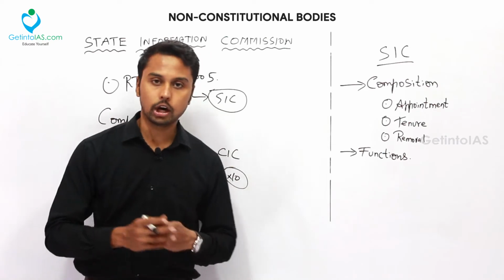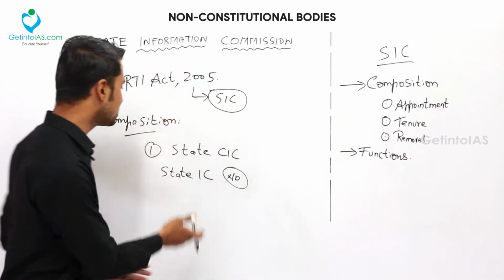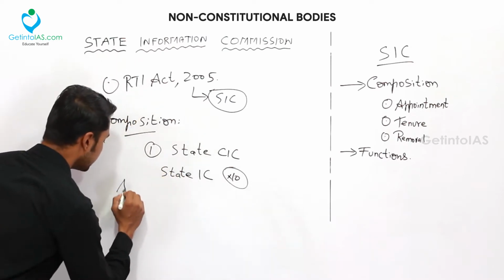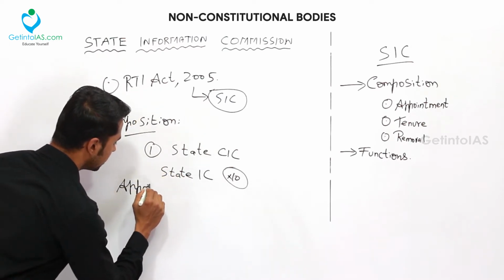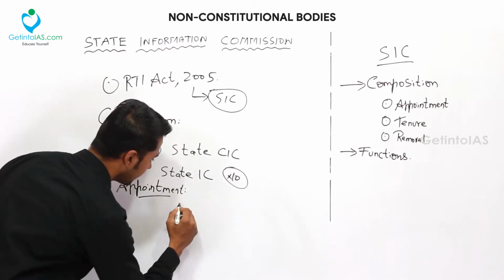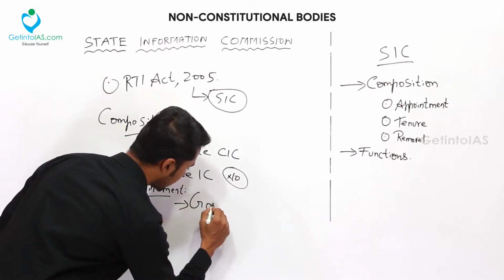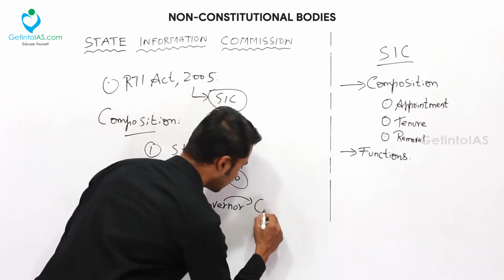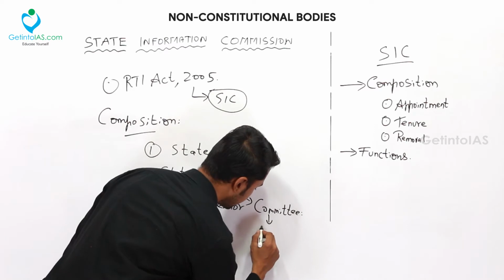So who is going to appoint both your State Chief Information Commissioner and State Information Commissioner? Since this is a state body, the appointment is always done by the Governor. The Governor cannot do it solely; it is on the recommendations of a committee. So who is present in the committee?